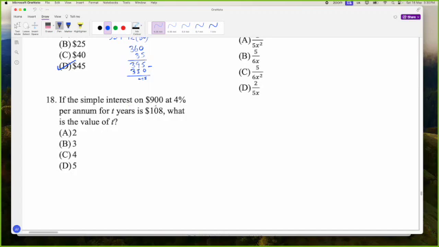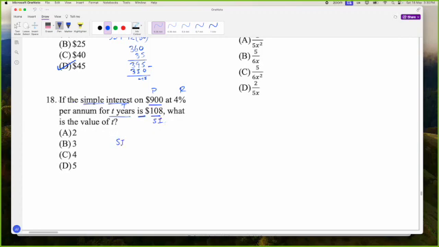Number 18, if the simple interest on $900, so this is your principal, at 4%, this is the rate, for T years, they don't have the time, is 108. So this is actually a simple interest question.